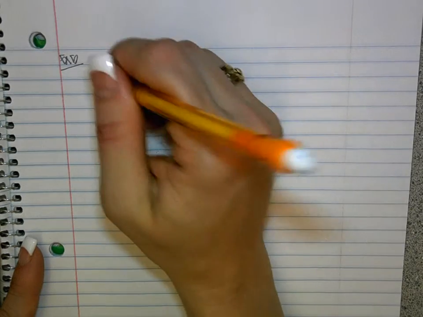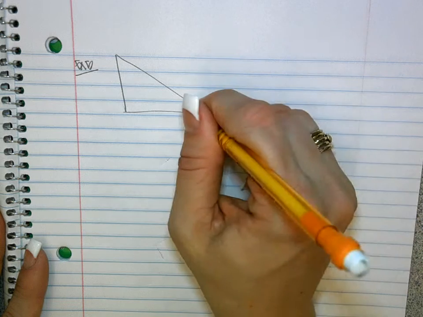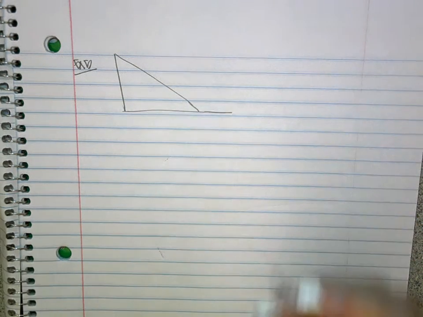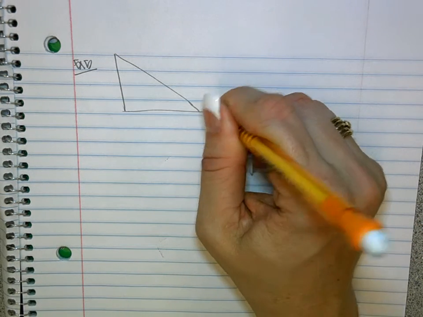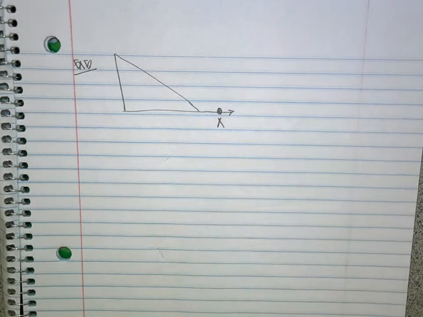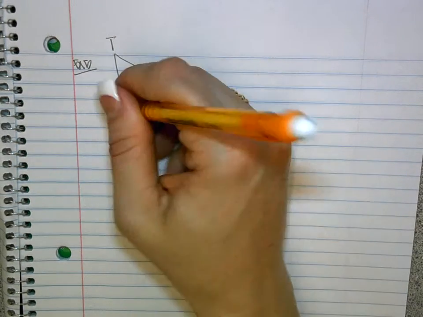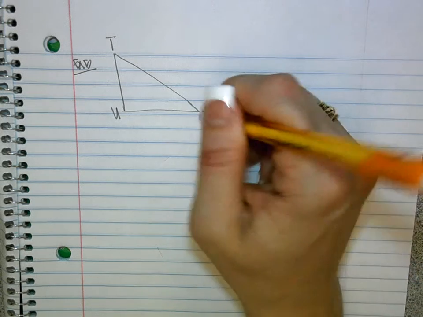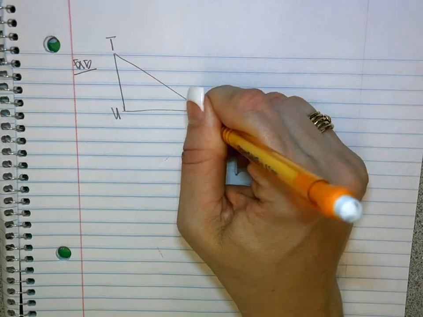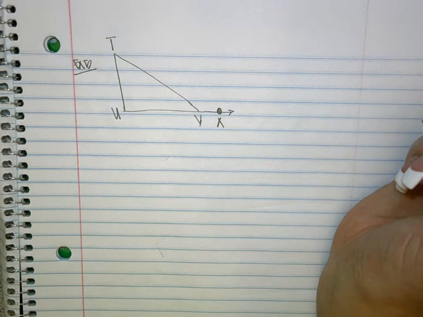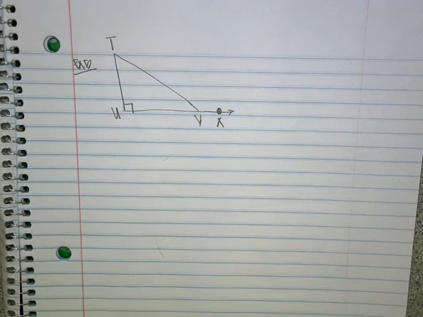Let's try on this one, then we're going to draw a right triangle. I'm going to say that the outside point is X. Up at the top is angle T. On the left is angle U. And this is point V. This is a right triangle, so it has the box in the corner.